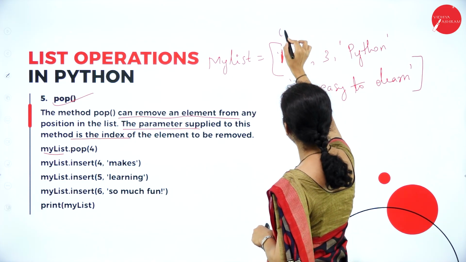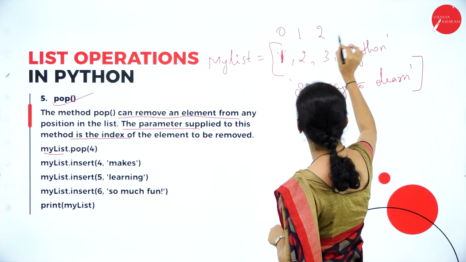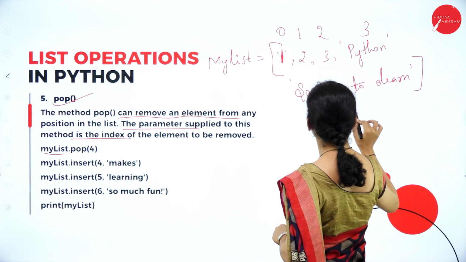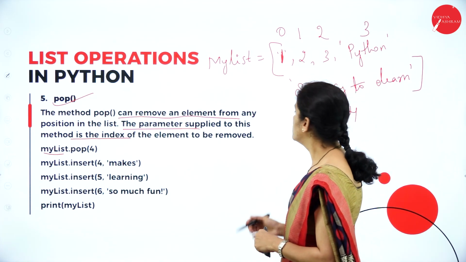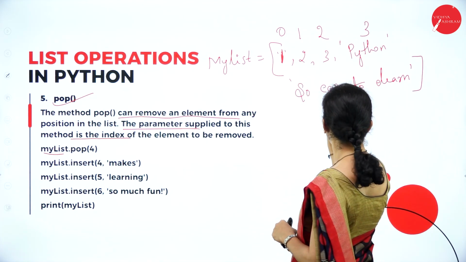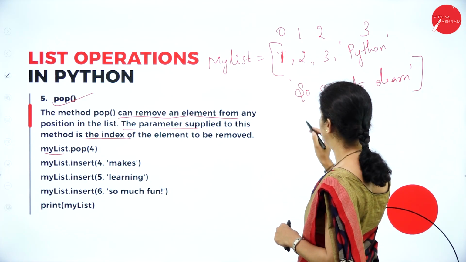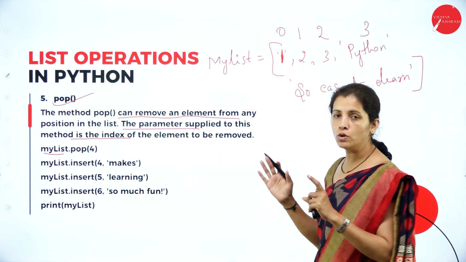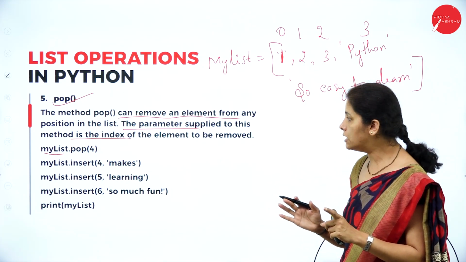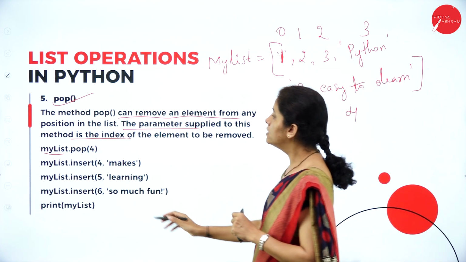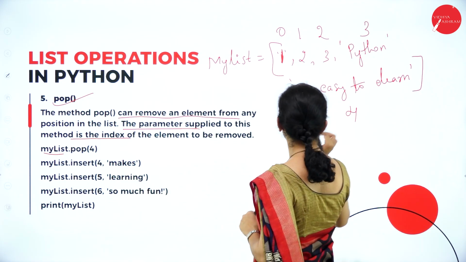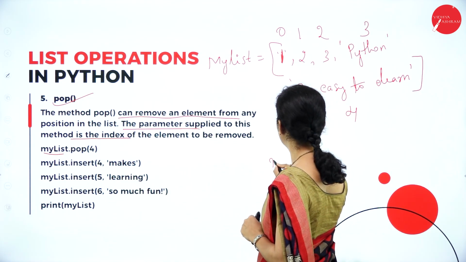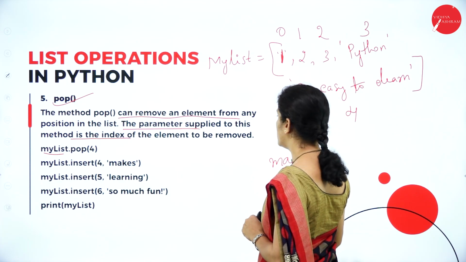The index starts from 0, 1, 2, 3 and 4. So, what do I want to do? I want to remove the 4th position. So, I'm going to remove so easy to learn. After that, for the 4th position, I'm going to append or insert makes.